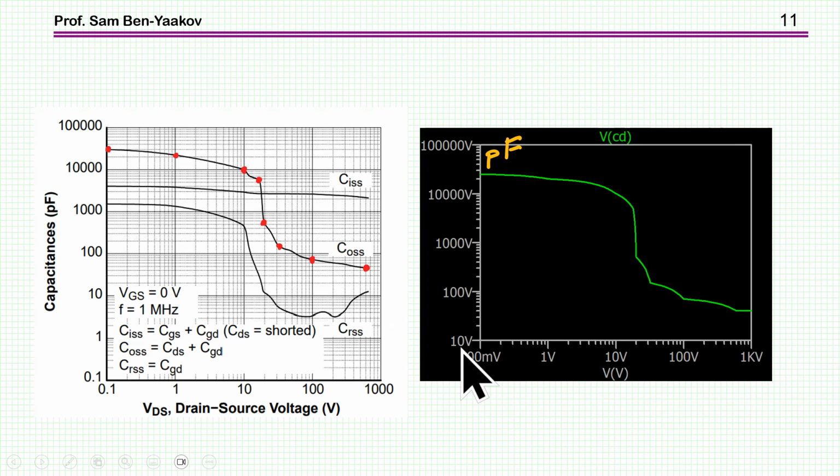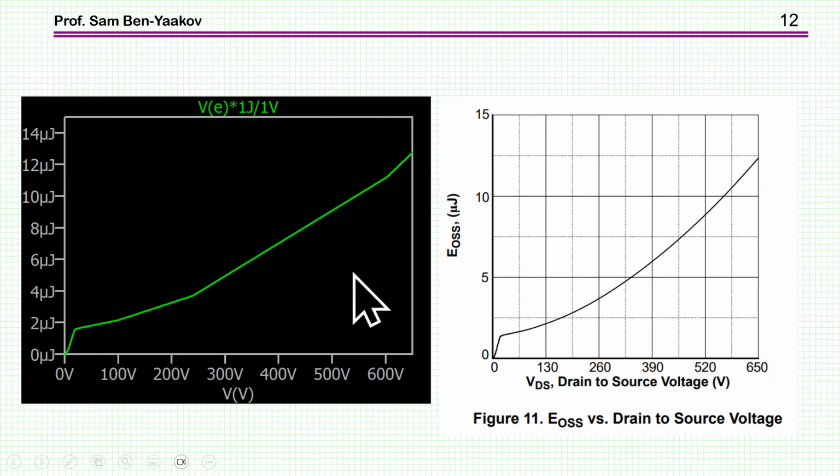So this is just the transfer of this data into a table. And then I've run it to get the energy. So this is the energy in the nonlinear capacitor that I've taken off the datasheet. And this is what the simulation is giving us, and this is from the datasheet, because this information is given in the datasheet.